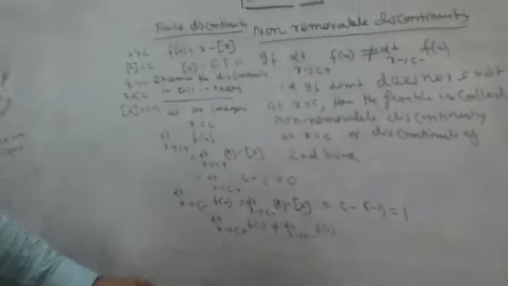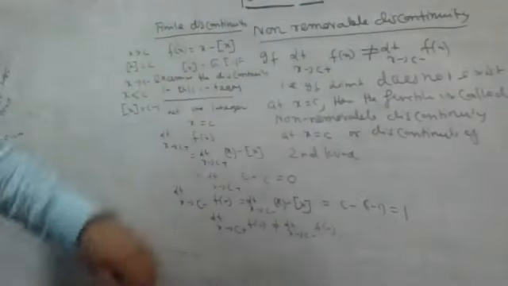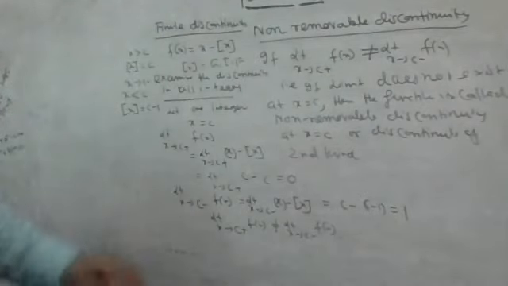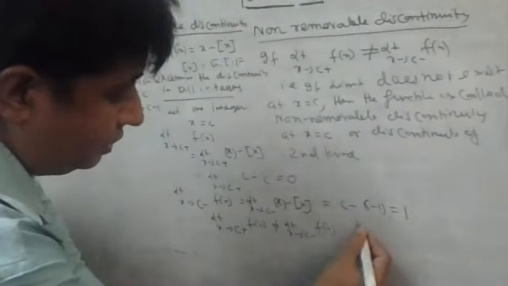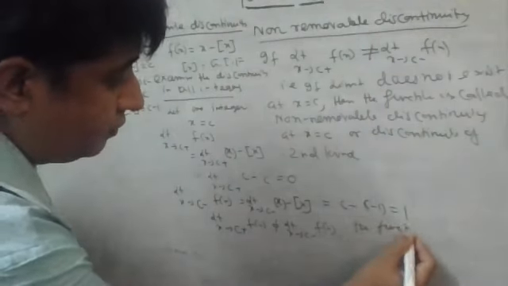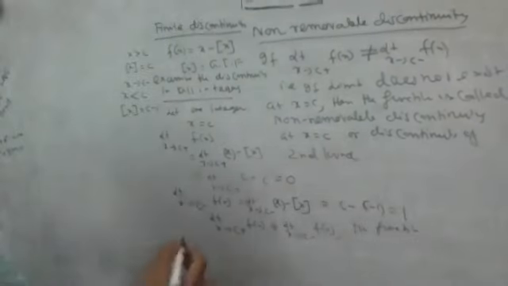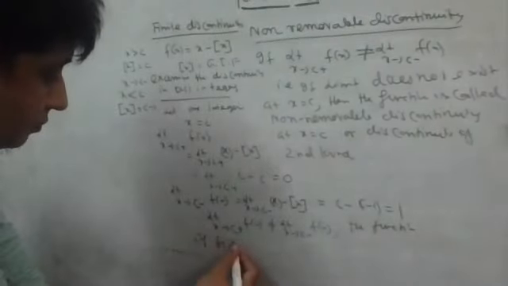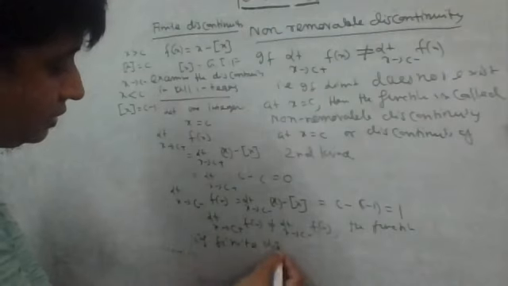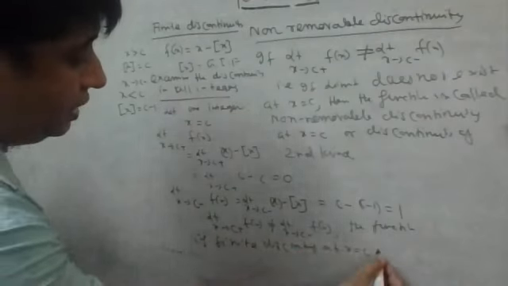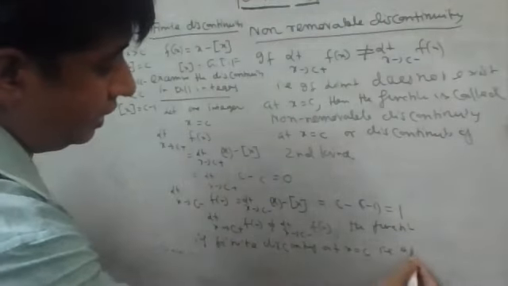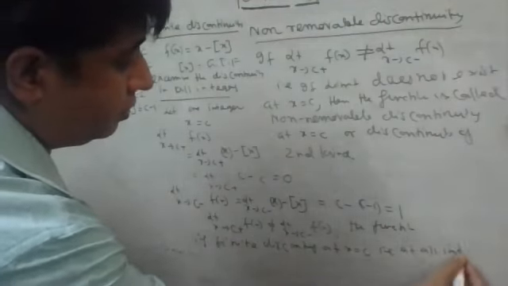So the function is finite discontinuous at x is equal to c, that is, at all integers.